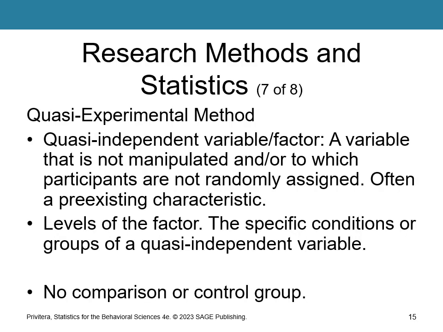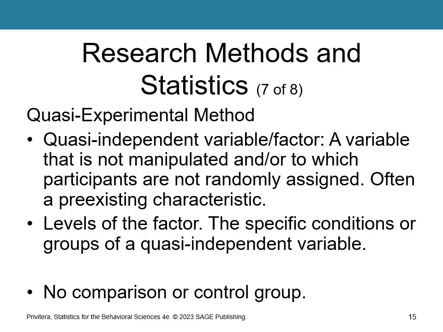In quasi-experiments, instead of an independent variable, we have what is called a quasi-independent variable, also known as a factor. A quasi-independent variable is inherent to the participant, something that exists before the study. So common examples are sex, age, race, ethnicity, socioeconomic status, and education level.